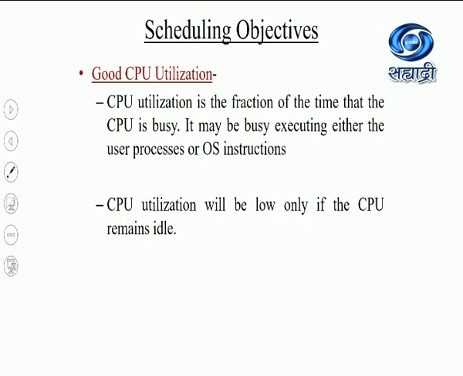And who executes it? No one but CPU. So CPU is either busy in executing user processes, that is our programs, or maybe the operating system instructions. Always CPU utilization should be good. That means CPU should not remain idle.